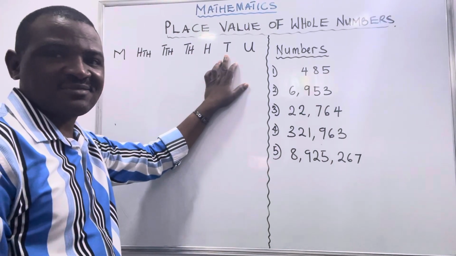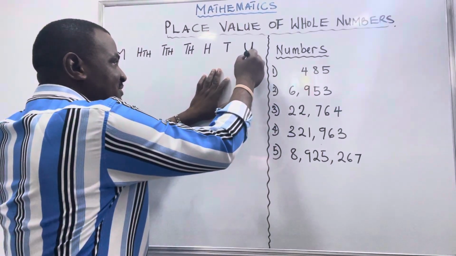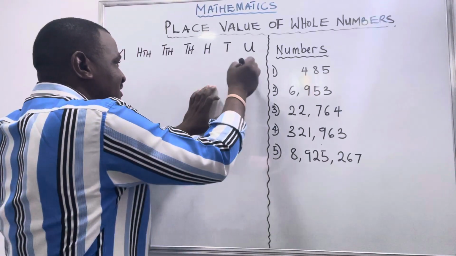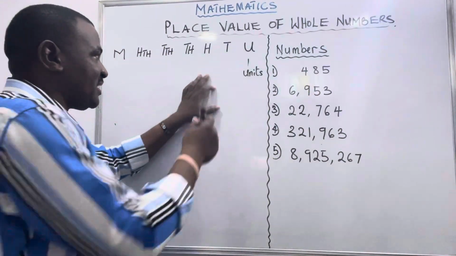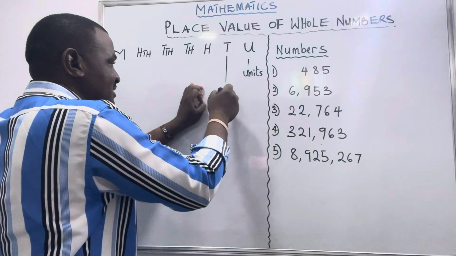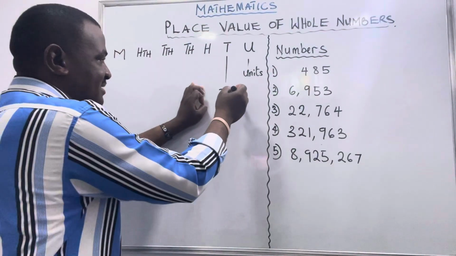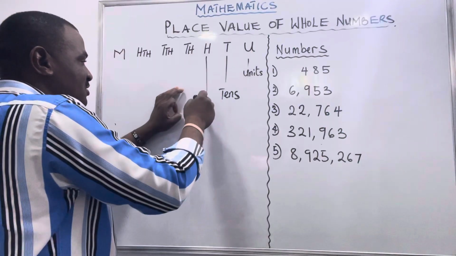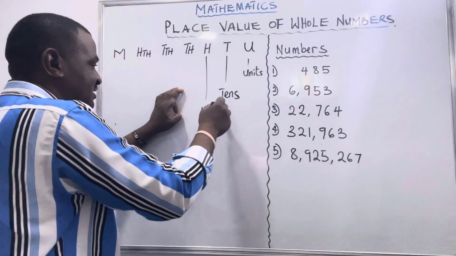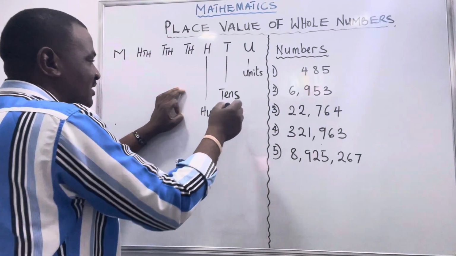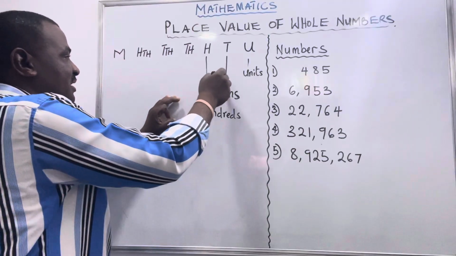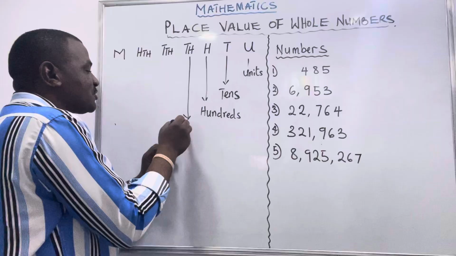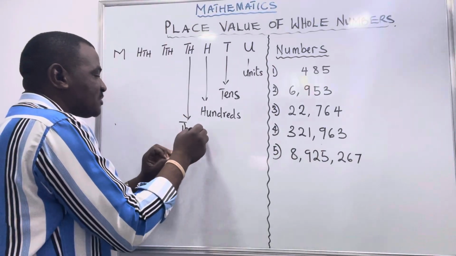Tens. This is what? Hundreds. Followed by thousands.